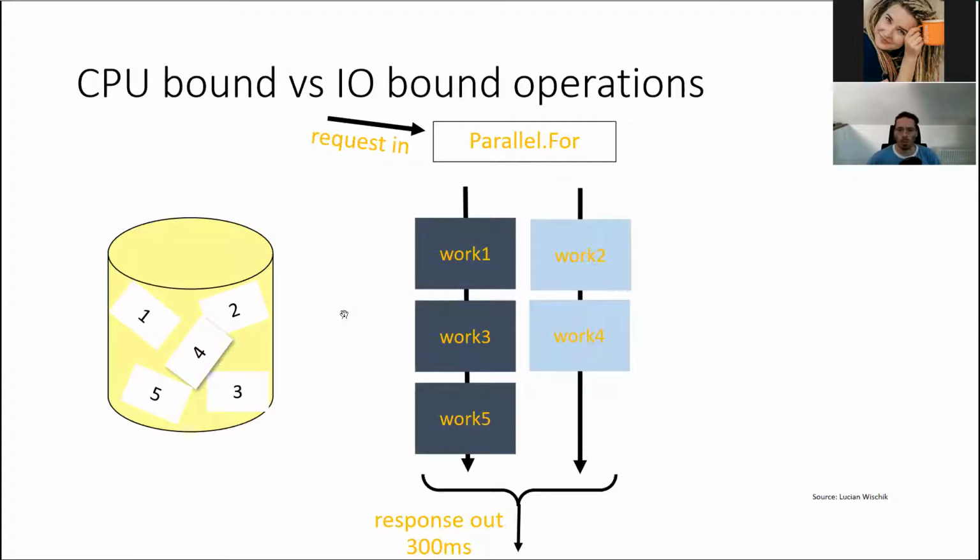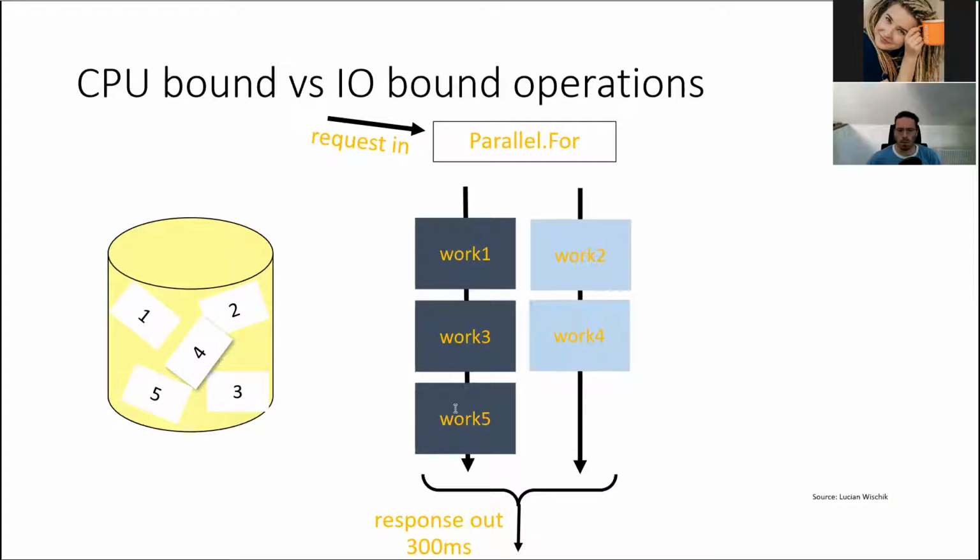So one CPU will be doing the work 1, 3, and 5, and the other CPU will be doing the work 2 and the work 4. So you measure the total time, and it will be 300 milliseconds. So that's an improvement. It was 500 milliseconds before, but now it's 300 milliseconds. So that's definitely an improvement.